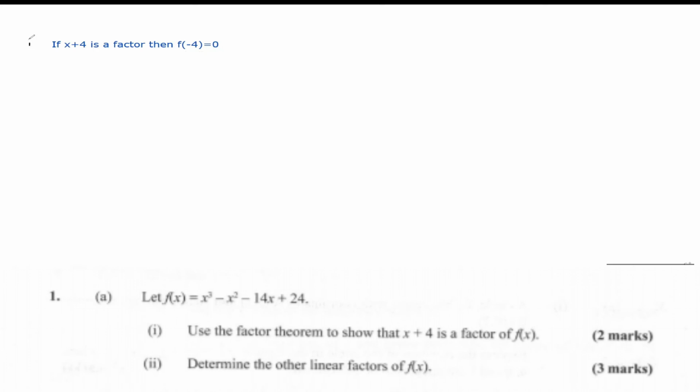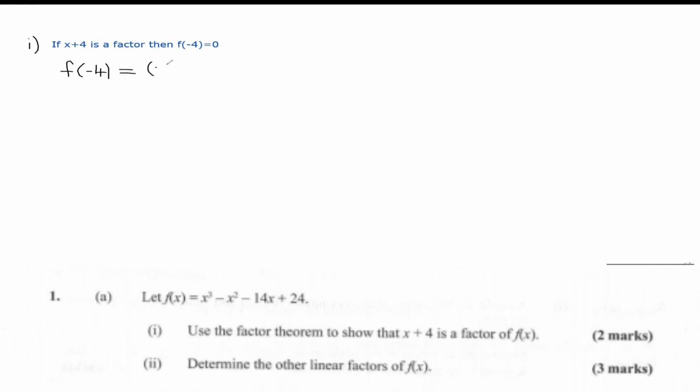All right, so this is what we're going to show now. And so f of negative 4 is going to be equal to, so we're going to put negative 4 into the function.